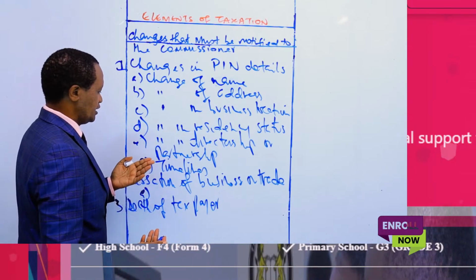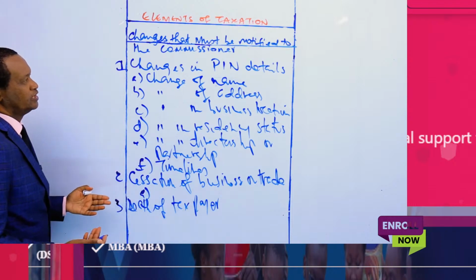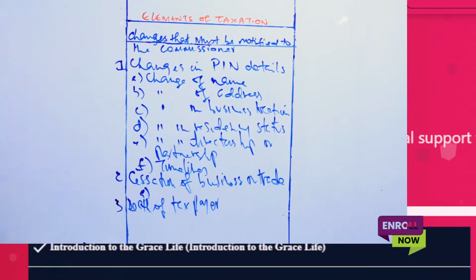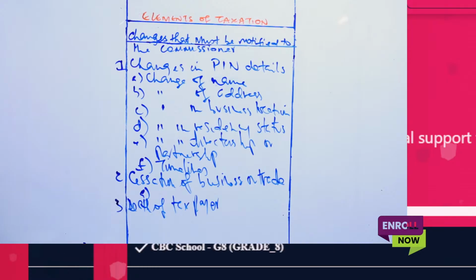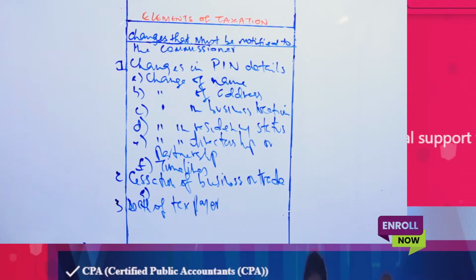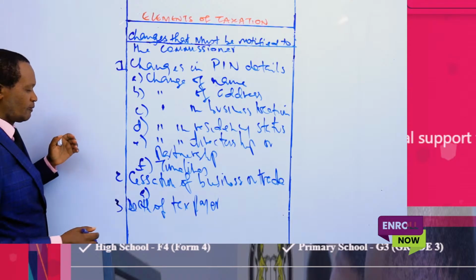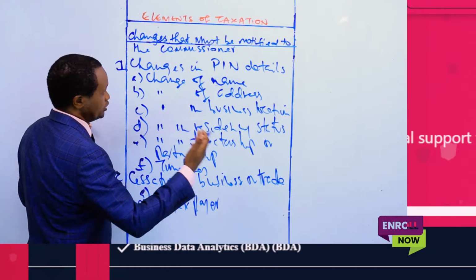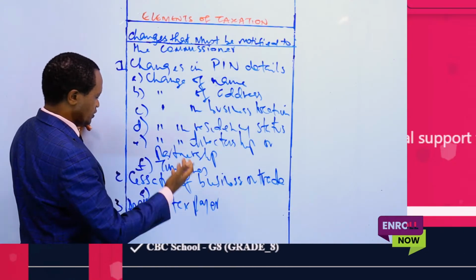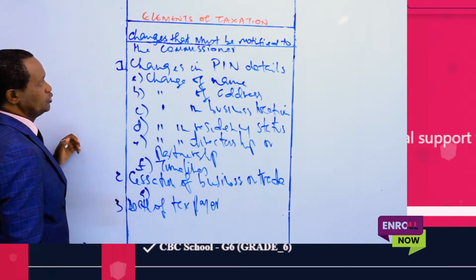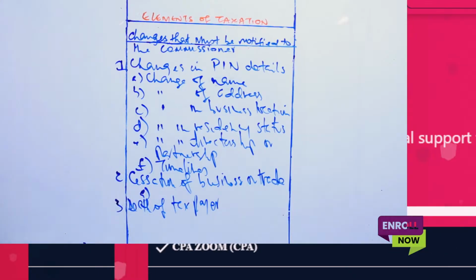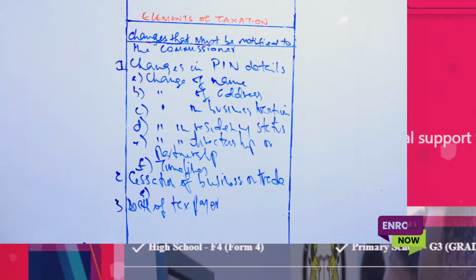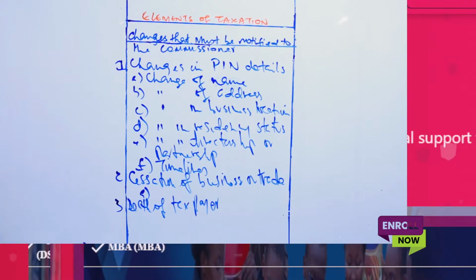And the legal representative or executor or administrator of the deceased estate is responsible for notifying KRA and settling any outstanding tax obligations. So when one dies, there is that administrator or caretaker who is required to notify the KRA of the death of the taxpayer in regard to VAT. Death of a taxpayer has to be notified to the Commissioner of KRA.